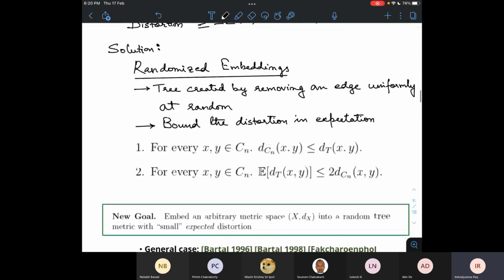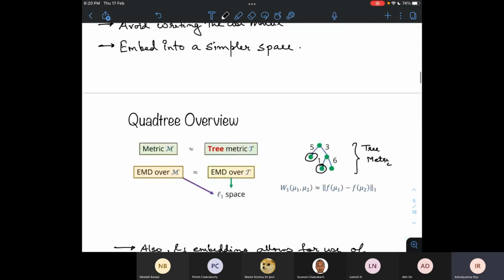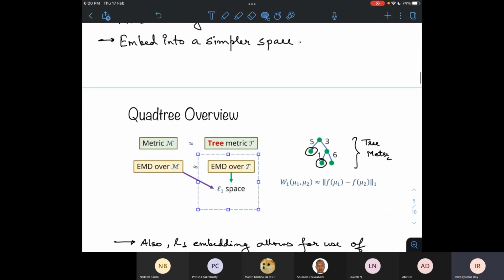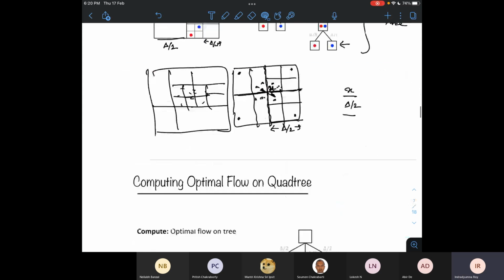In the diagram, like we said, we have seen this part right now, that this metric M is being embedded into the tree metric, and therefore the EMD over the original metric can now be approximated as the EMD over the tree, what we just saw. And then this follow-up task is pending, where we see how the EMD over the tree can be embedded into the L1 space. So let's discuss that now.